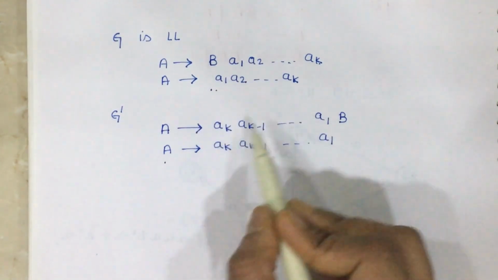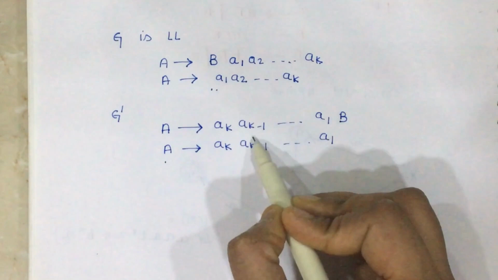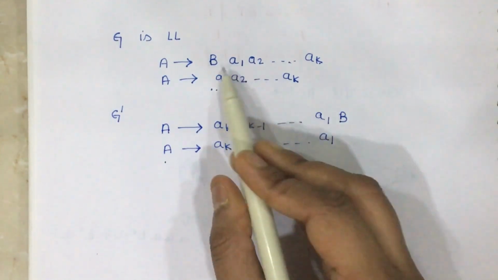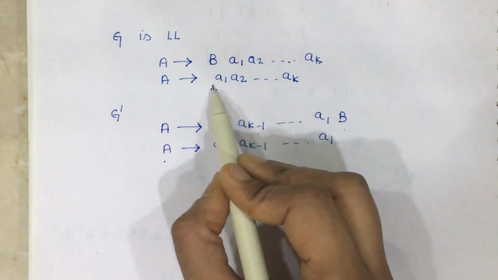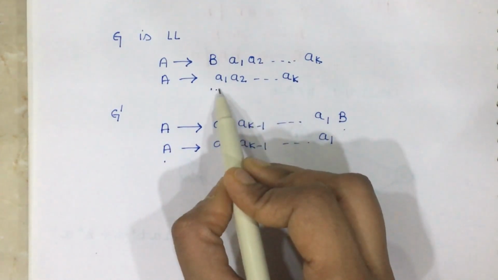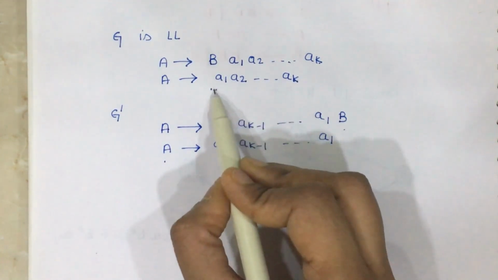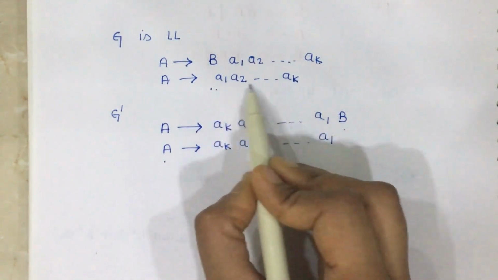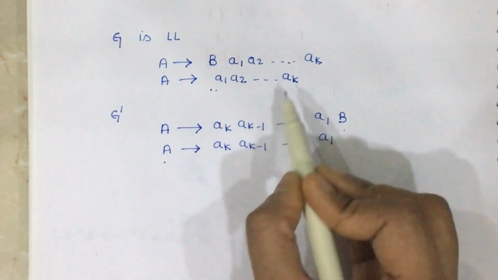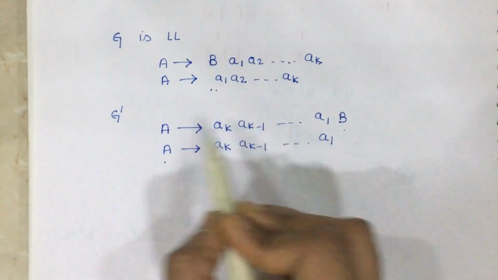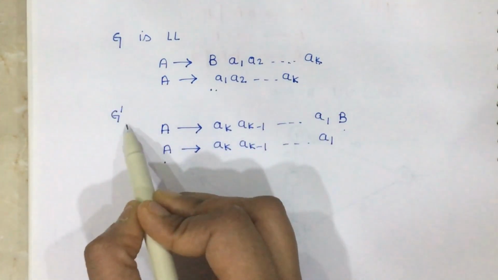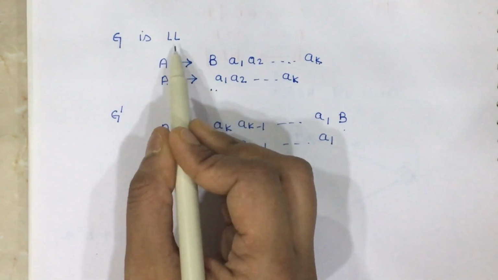So here we can obtain Ak up to A1, then capital B. And the alternate of the other form can again be written in reverse order. So on the right hand side we will write Ak up to A1. So this is the right linear grammar for this grammar.